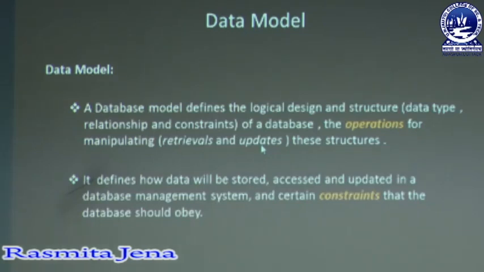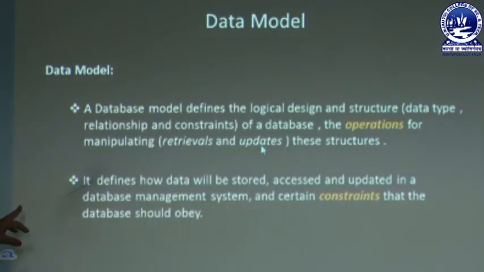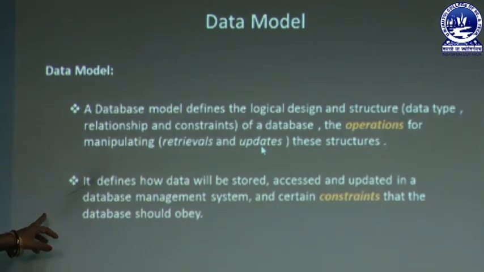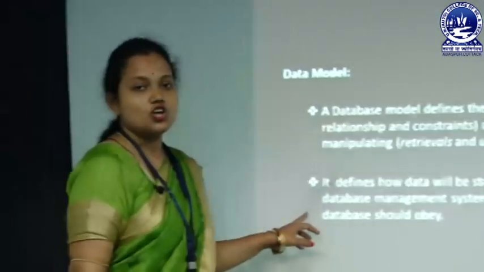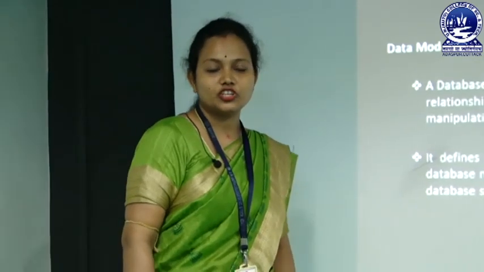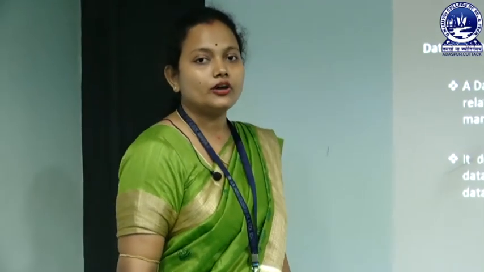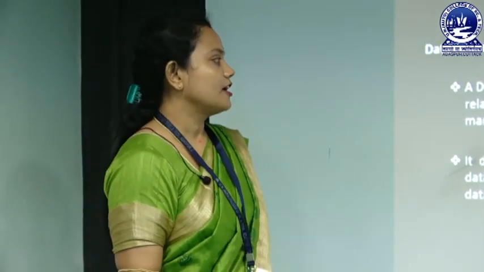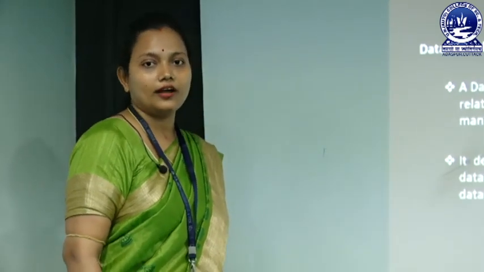So next is data model. What is a data model? A data model defines the logical design and structure of a database. So logical design and structure of a database means what? Here we define the data types, the relationships among the entities in the database and the constraints used in the database.